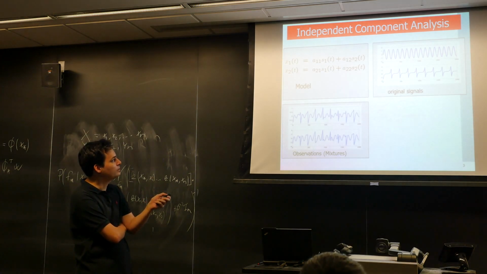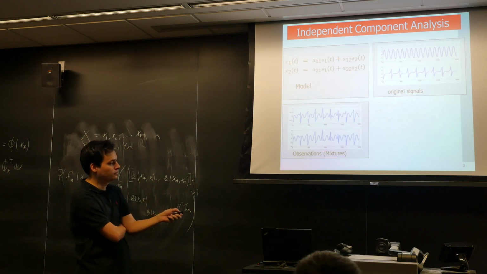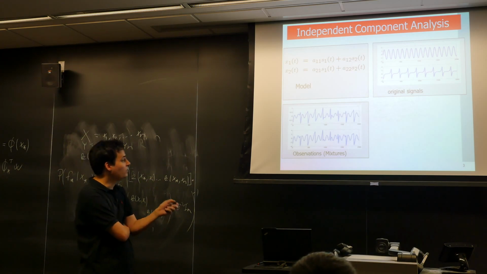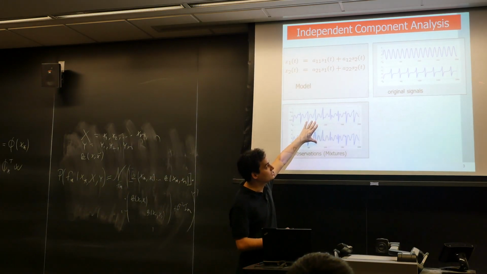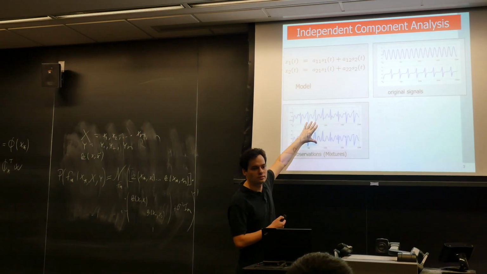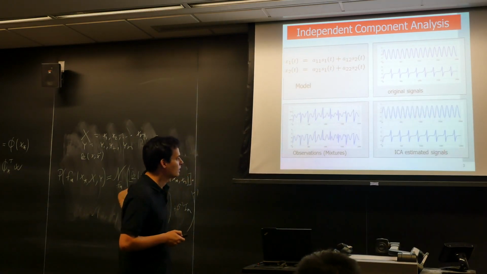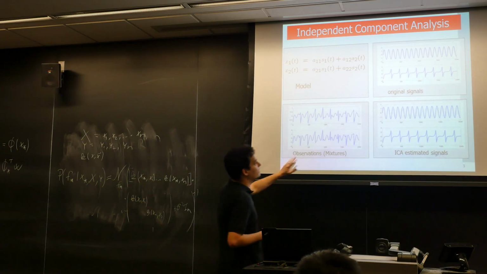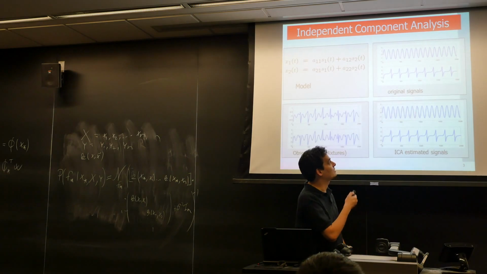In this case, for example, this is S1(t), this is S2(t), and this is what you observe. The goal is that just using these observations, nothing else, we want to estimate the original signals. With independent component analysis, we are hoping to get something like this, where these would be the two estimated signals.